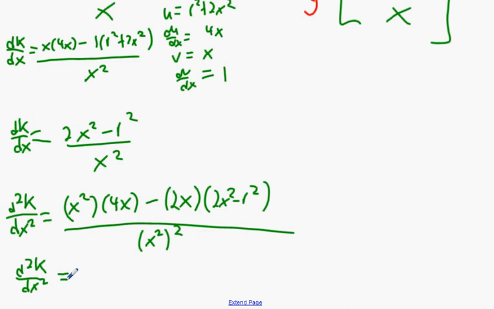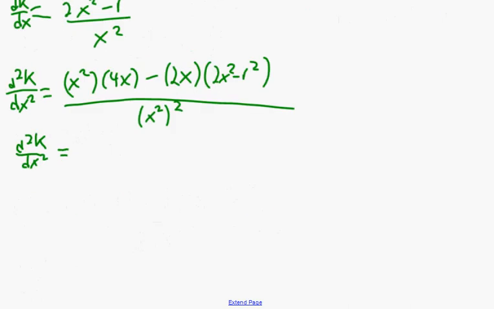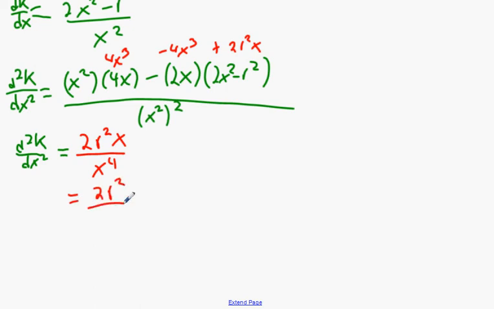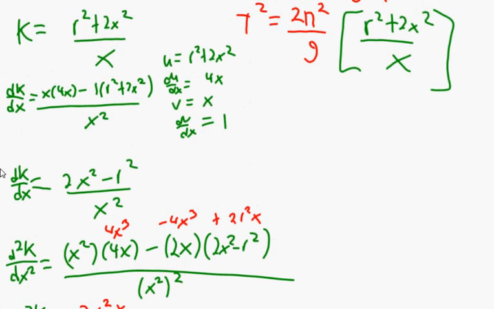When you multiply it out, it's going to be 4x cubed minus 4x cubed minus 2r squared x plus 2r squared x. 2r squared x divided by x to the power 4 equals 2r squared all over x cubed. That's going to be guaranteed. That'll turn out to be bigger than 0 and hence a minimum because of whatever value we're going to find for x up here. Okay, let's go back to the top now.